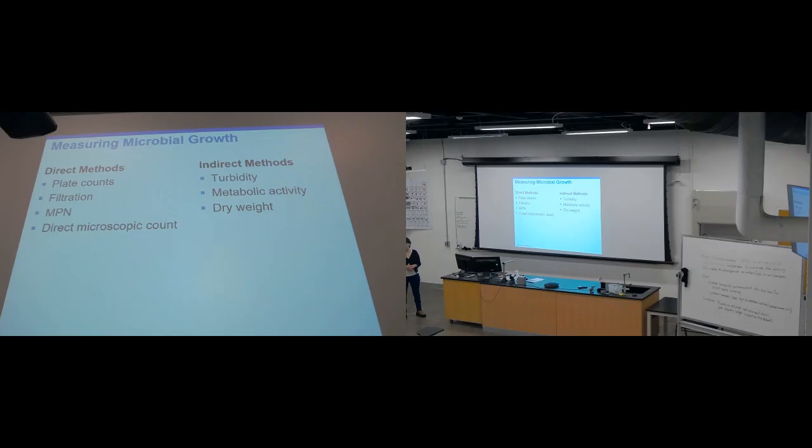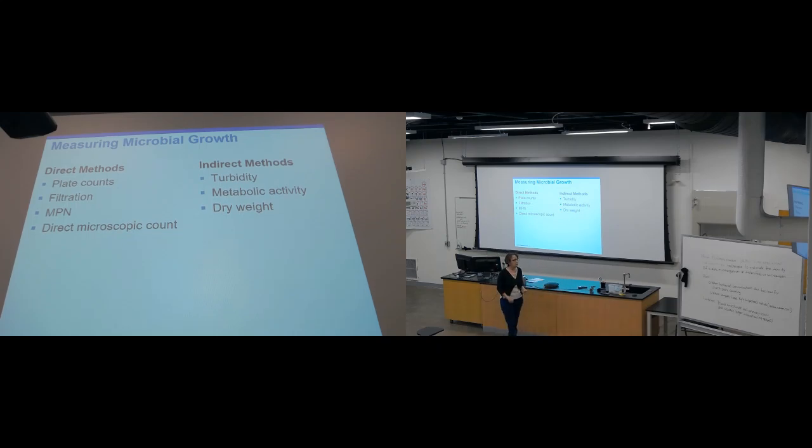Like in filtration, for instance, if you have a large volume of water that you want to test for the presence of microbes, which is often done by the city labs that test the quality of water, you have to filter a large volume of water and then see if it has bacteria. Once you have your filter through which you have passed the water, you can put your filter on top of an agar and then see if you have growth.